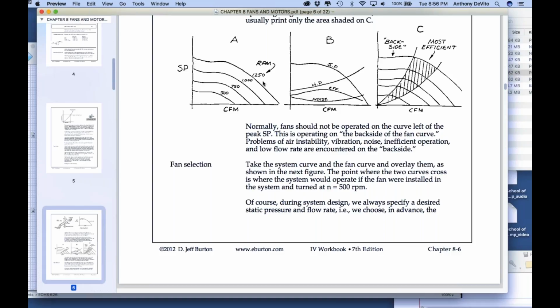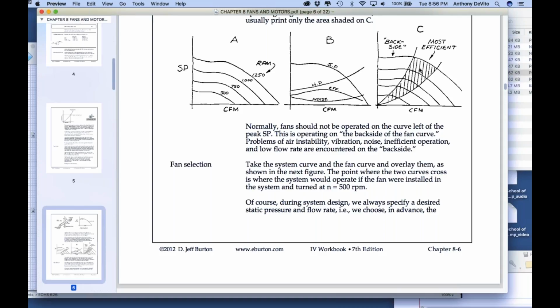And at this end here, there's very little resistance, right? But you're not generating much static pressure. So actually, in the middle of this curve, this area in here, that's where the fan is most efficient, right? That's just past the peak and on the downslope, but not too far down the downslope. This is called the backside of the curve.